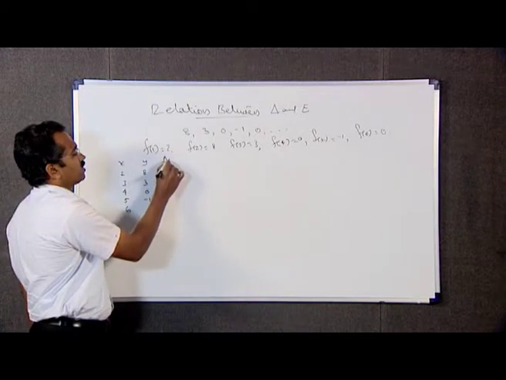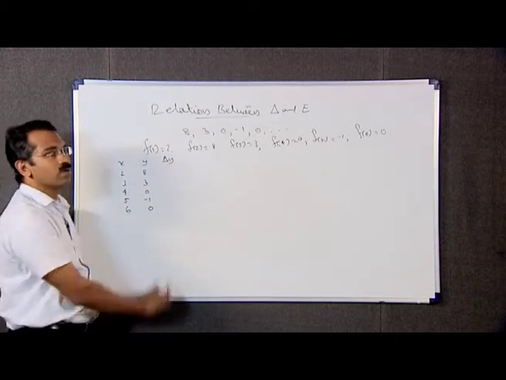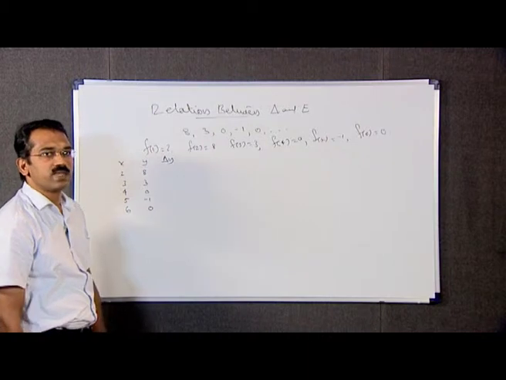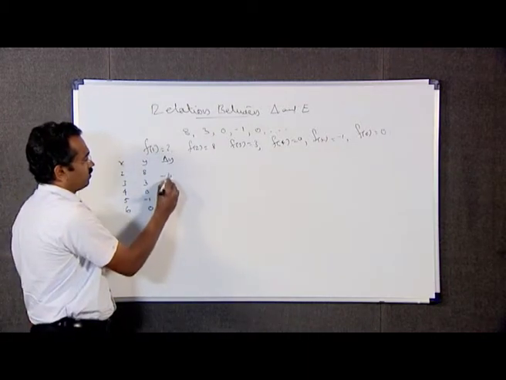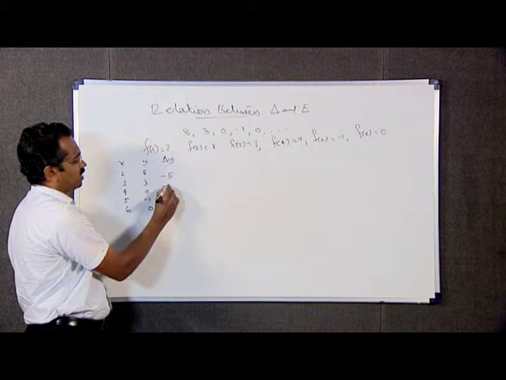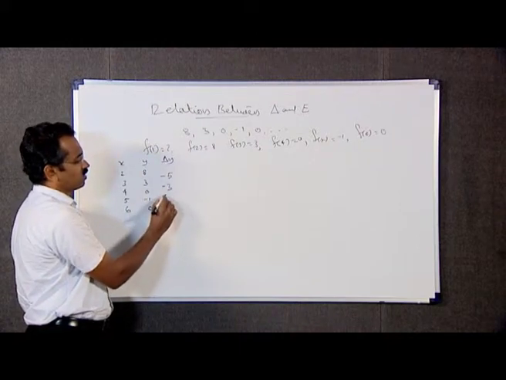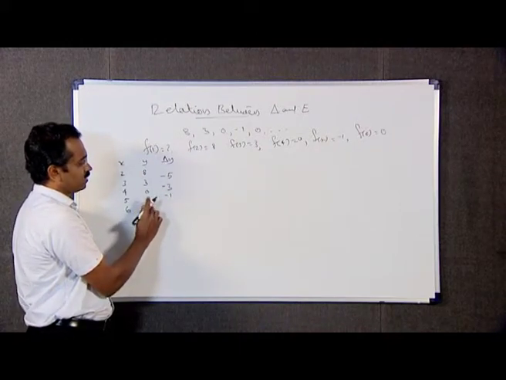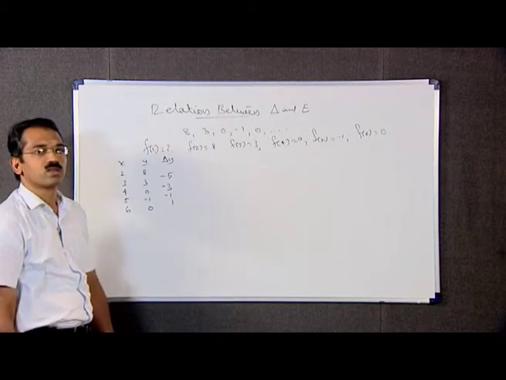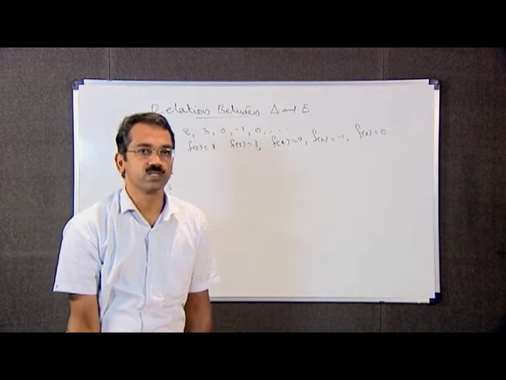The first differences are 3 minus 8, that is minus 5, 0 minus 3 is minus 3, minus 1 minus 0 is minus 1, 0 minus minus 1 is plus 1. These are the first differences.